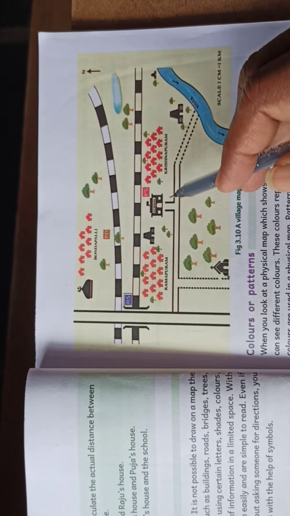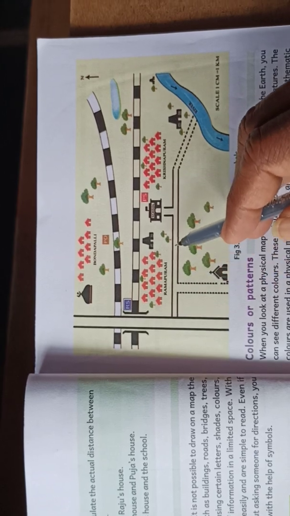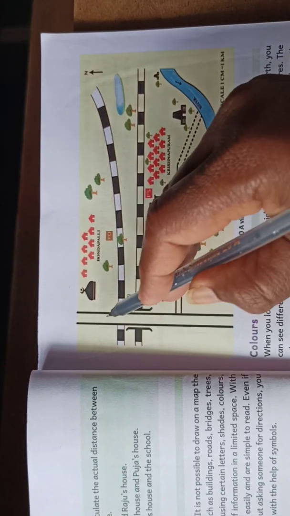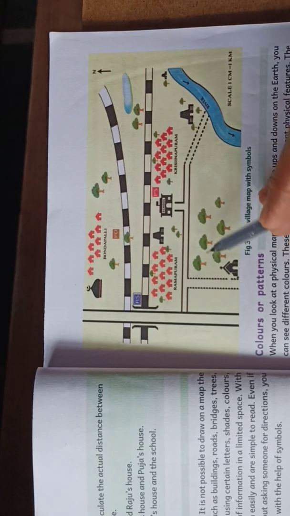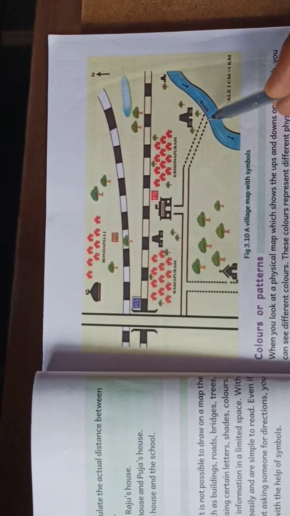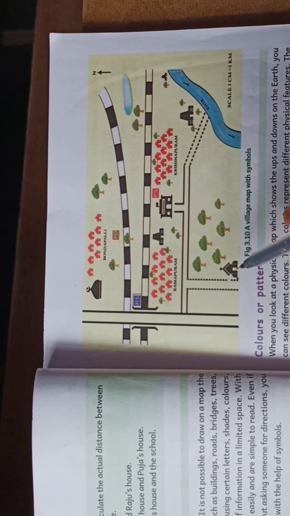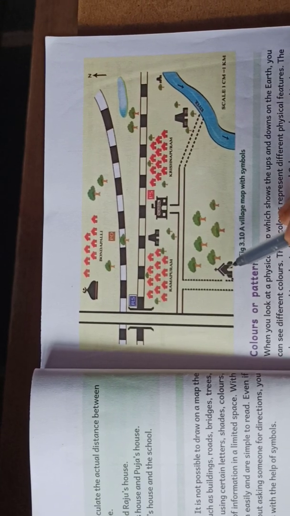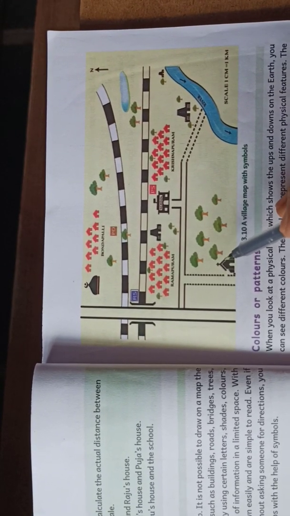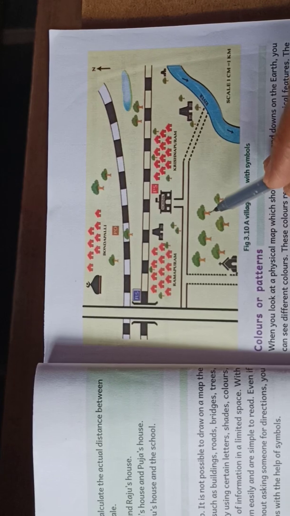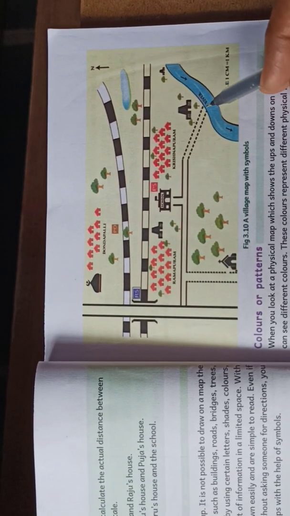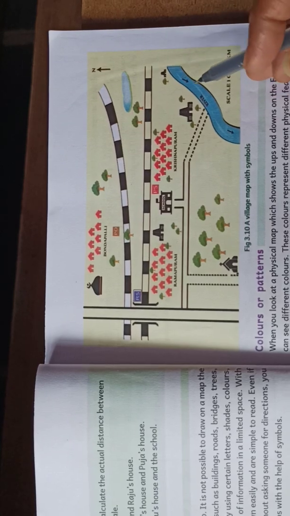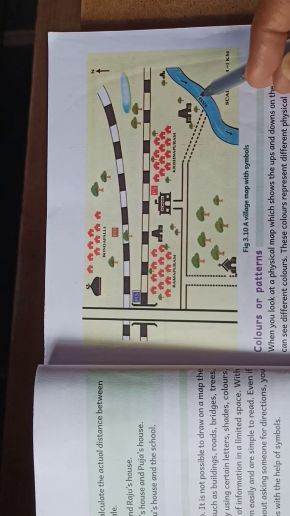This is Pakka road, this one also Pakka road. Kacha road is also there, this symbol Kacha road. And here the church symbol, the trees. Yes, the river is also there, the river flowing here.